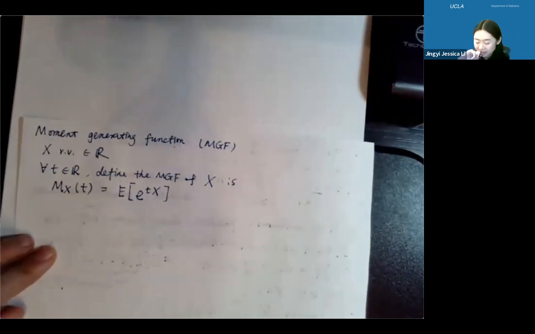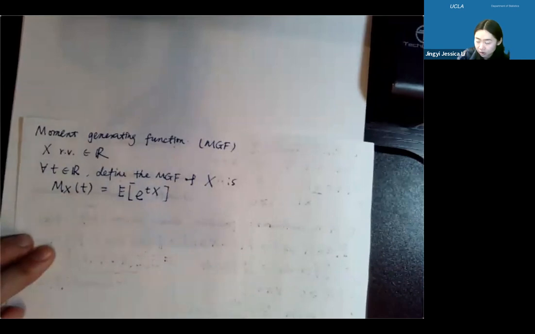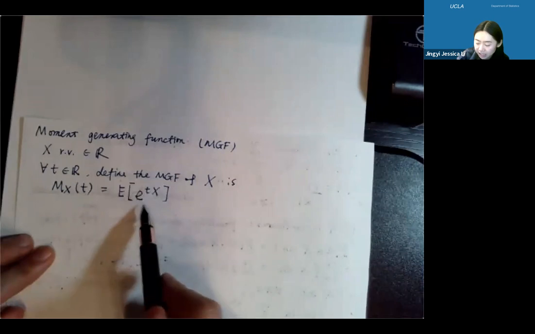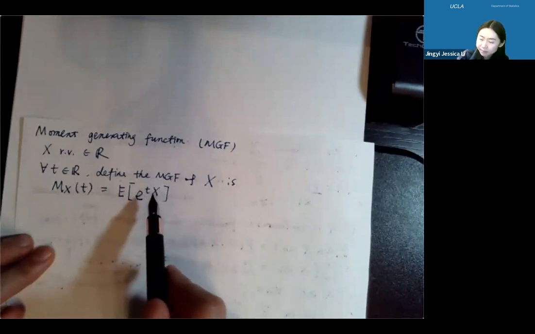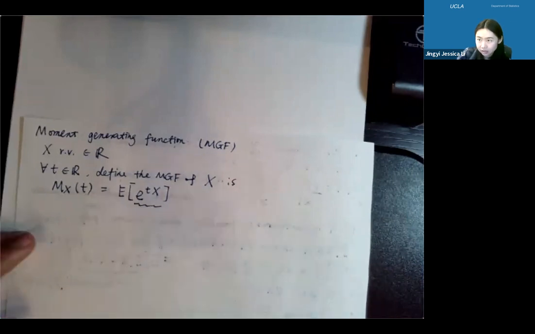Okay, and again, when we look at expectation, the first question to ask is, what's the random variable? Here, the random variable is e^(tX). And let me ask you, this random variable itself takes what values as an exponential function? Positive real values, right? Exponential function cannot be negative.